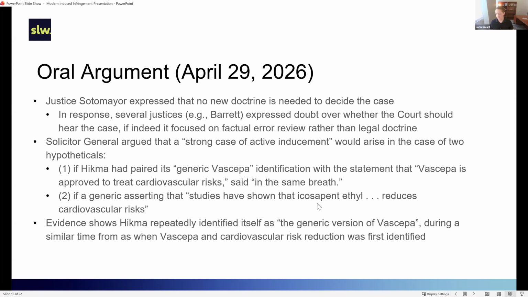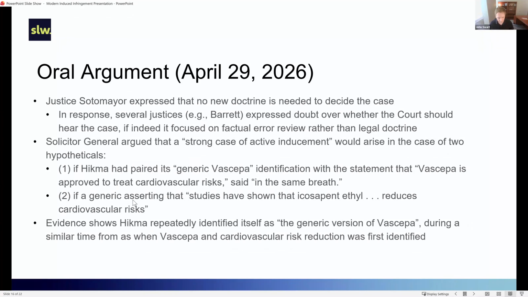I think there was some evidence that two is maybe a little bit more plausible, or a little bit closer to any sort of marketing materials that were released. I don't remember the specific marketing material. This second hypothetical is not the case here.